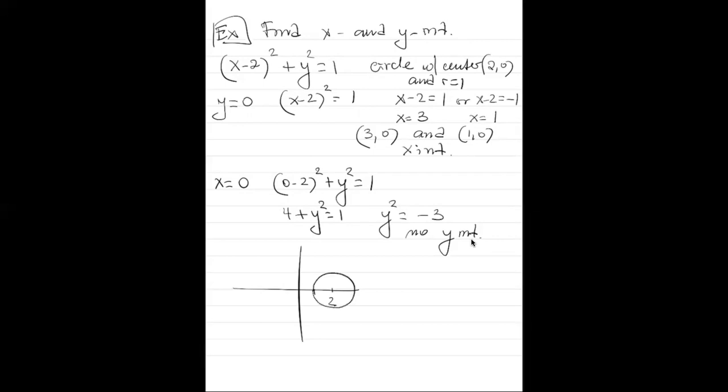So here it is. So we see the two x-intercepts right here as we figured out: 3, 0 and 1, 0 are the x-intercepts, and it has no y-intercept. That concludes the lecture for 1.2.